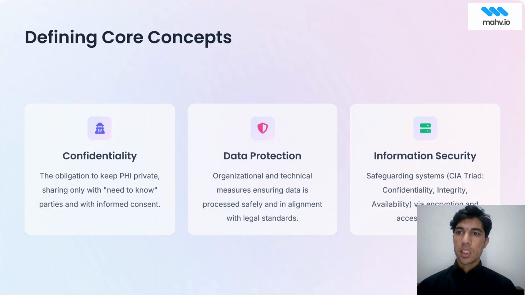Then there are three core concepts in understanding health data security and privacy. First, we have confidentiality. It is basically the obligation to keep the protected health information private, which is to share the data only with those people who need to know, and also with informed consent from the patients.